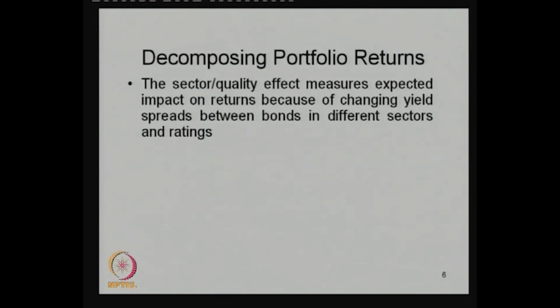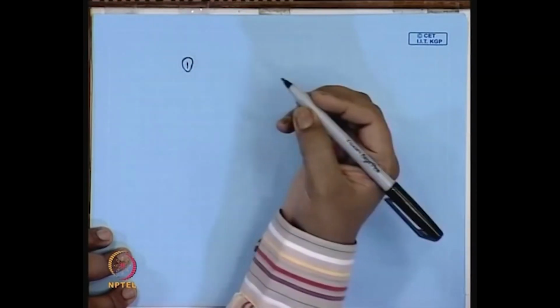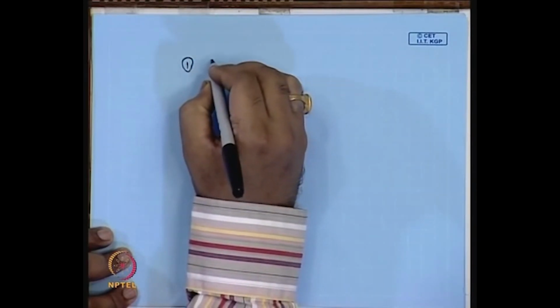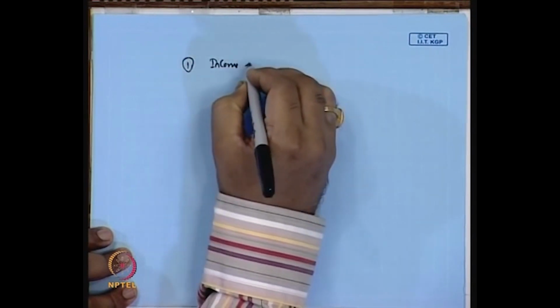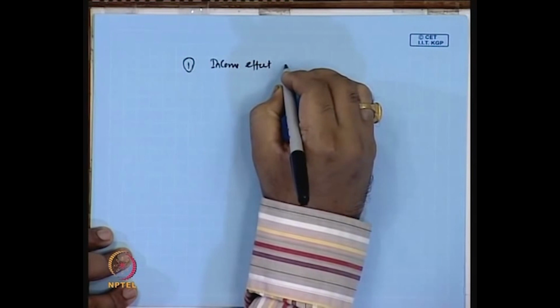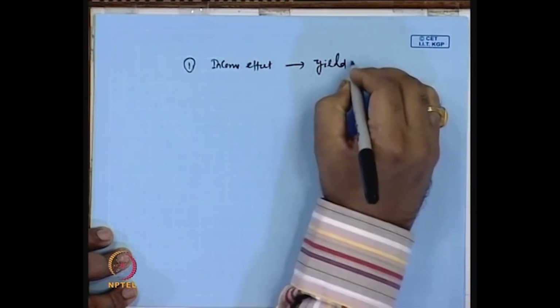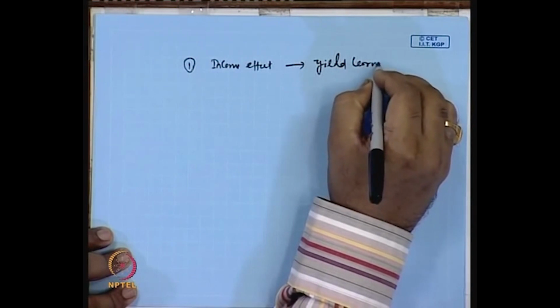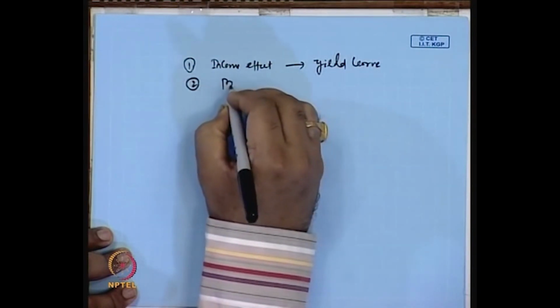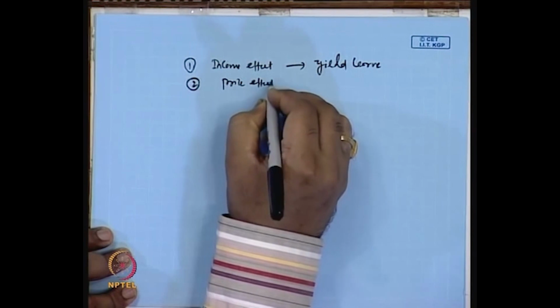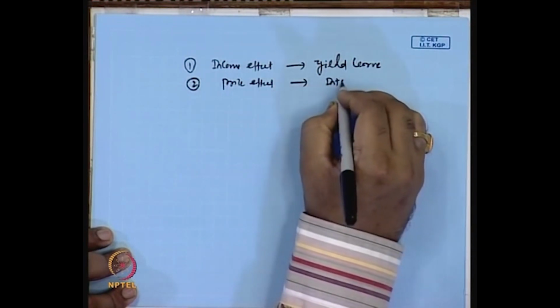So, another major factor. One factor we have observed which can affect your return is the income effect, which prevails from the yield curve. Number 2 is your price effect, and this price effect comes from the interest rate changes.